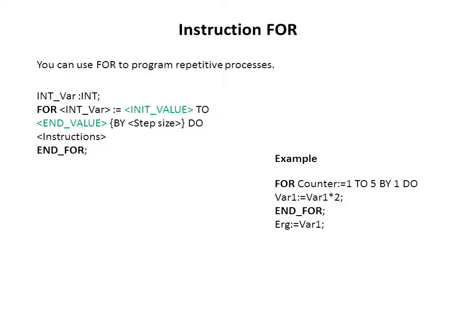This example assumes that the initial value of var1 is 1. After the loop is completed, this variable will be equal to 32. So this is the example. How can we use this instruction in our ST program?